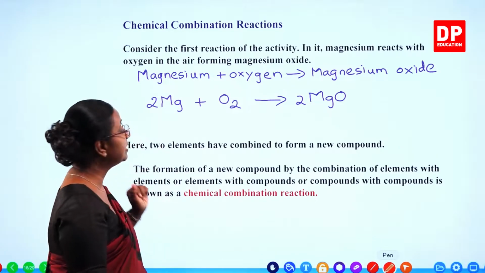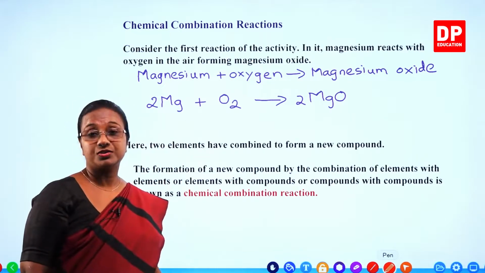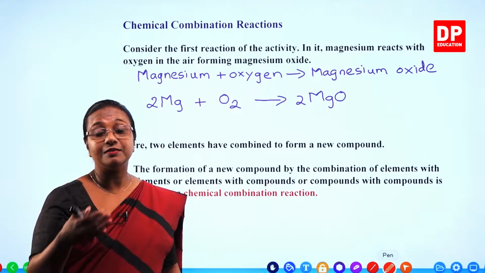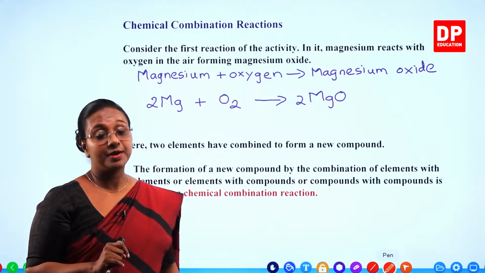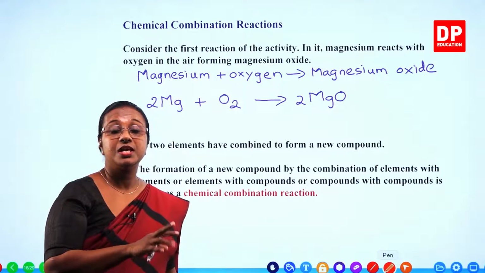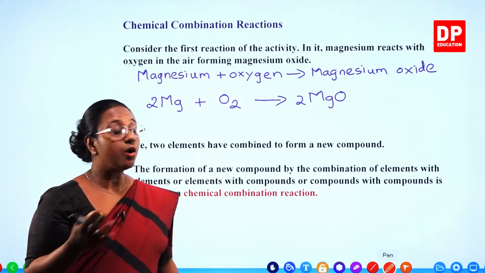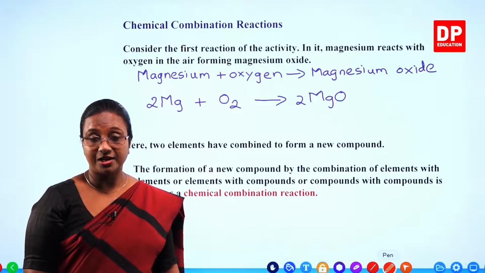Two elements can combine like magnesium and oxygen. You can have an element combining with a compound, again forming only one product. Or we can have 2 compounds combining and forming a product. Those are all different types of chemical combination reactions.